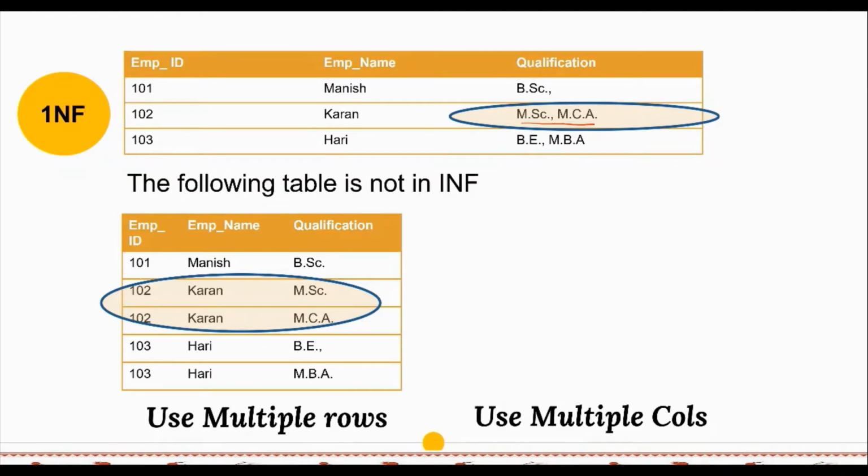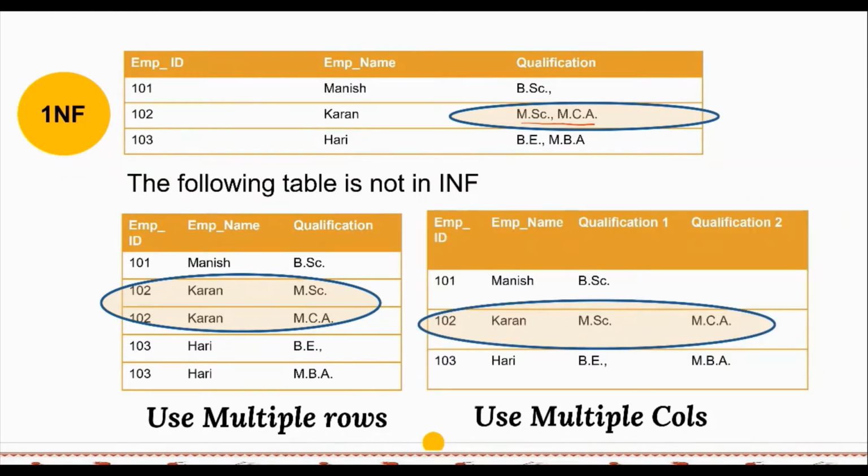Or you can go for one more representation, like you can add one more column. But the question is, if we are adding like this, why only for 102 and 103 two rows? Or why only one qualification for 101? Like that you may have some questions.